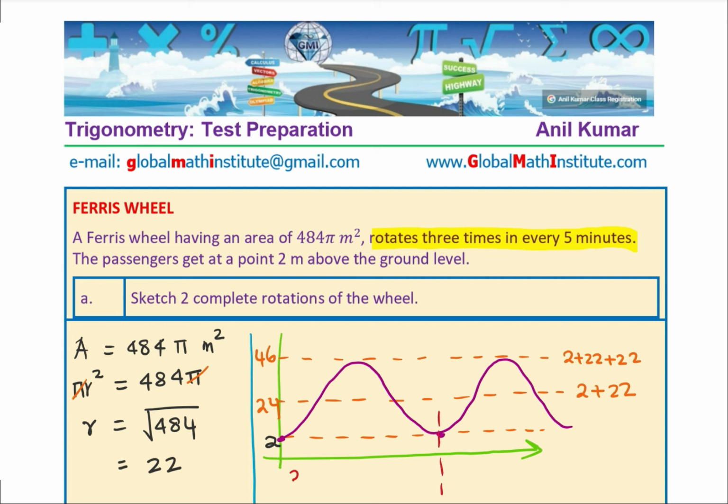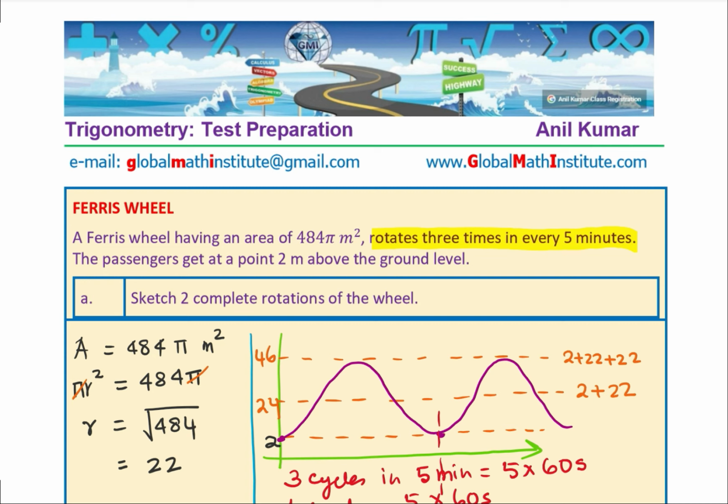So 3 cycles in 5 minutes, which really means 5 into 60 seconds. Let's convert that to seconds. So one cycle will be in 5 into 60 seconds divided by 3.